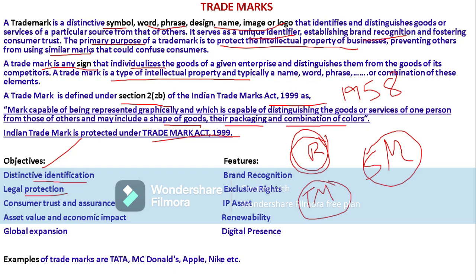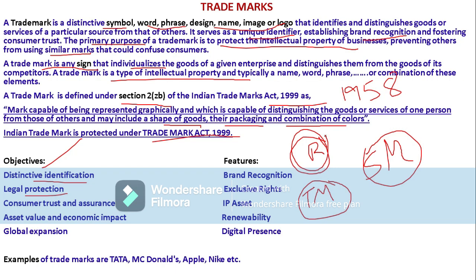So a company is registered, a product is registered. By registering a trademark, a business gains exclusive rights to use that mark in connection with specific products or services, preventing others from using identical or confusingly similar marks and guarding against unauthorized use also.